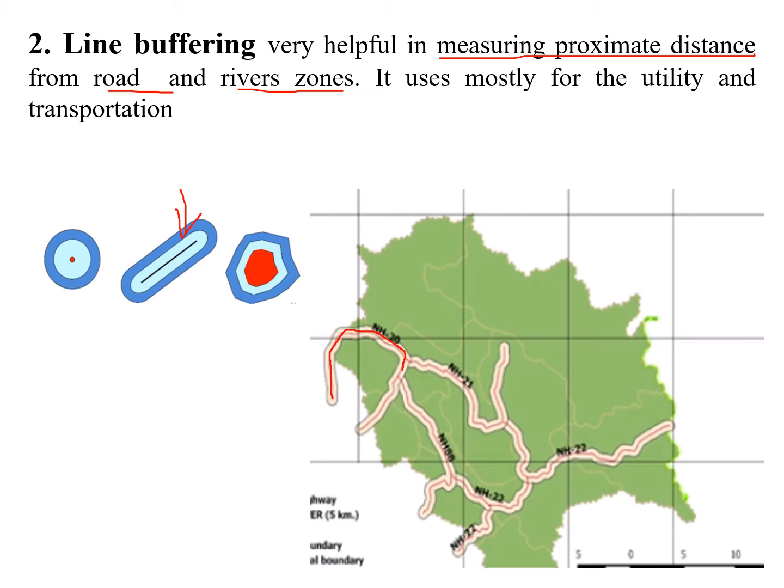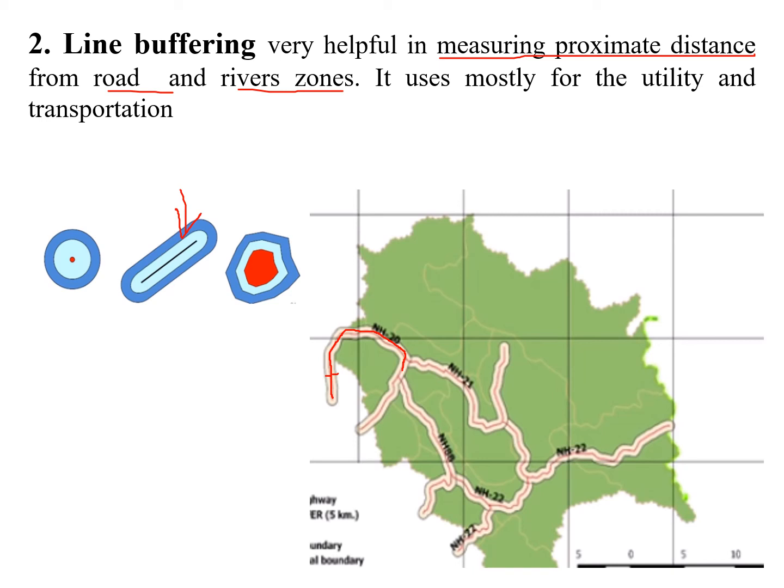Suppose this is a highway, and you say that 500 meters on either side of this road there should not be any residential zone, no habitation at all. It should be free of any kind of structure.